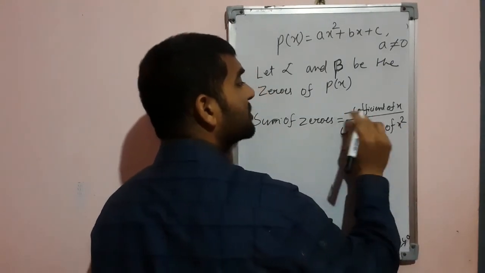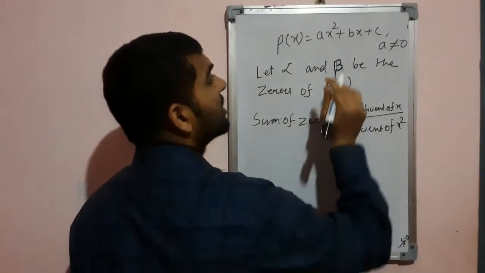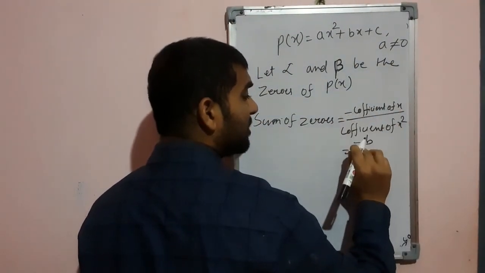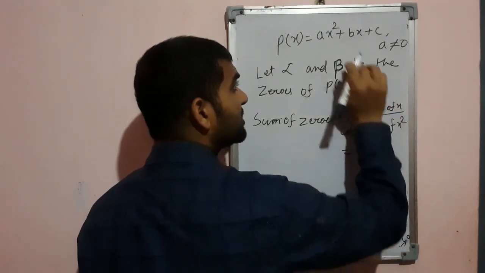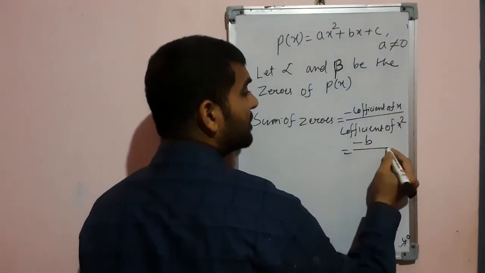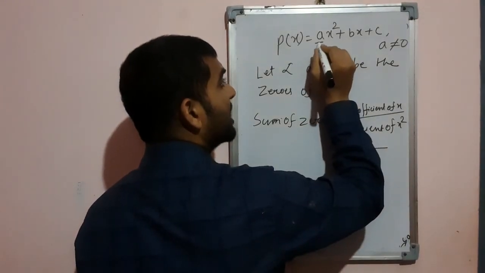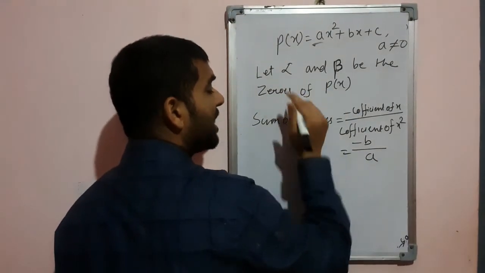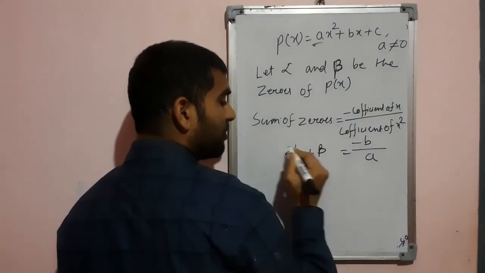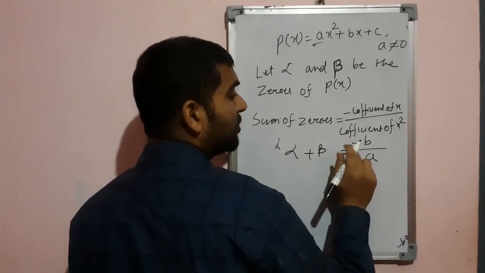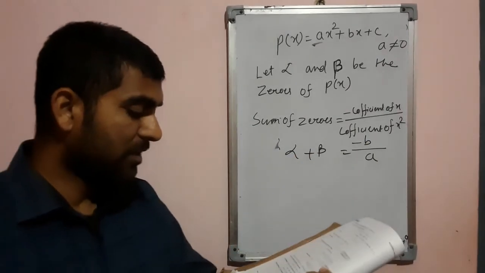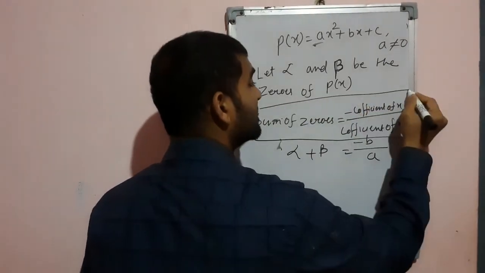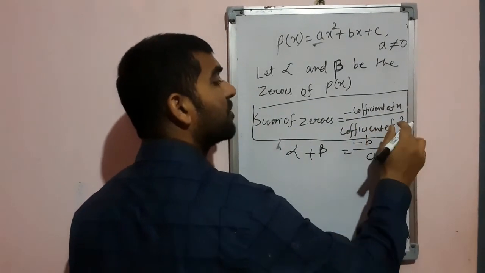Minus coefficient of x will be minus b. B will be here, but the minus is coming from the formula, so minus coefficient of x, b. Coefficient of x square, what is the coefficient of x square? A. So we write minus b by a. Sum of zeros, what is our zero? Alpha plus beta. So we can write alpha plus beta equal to minus b by a. This formula you have to remember for the sum of the zeros: minus coefficient of x by coefficient of x square.